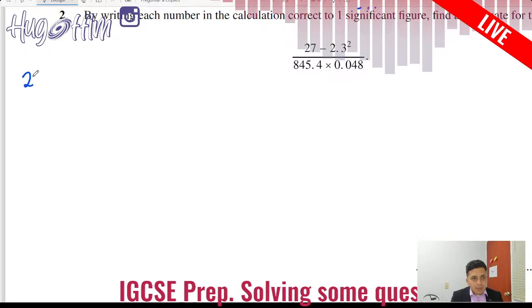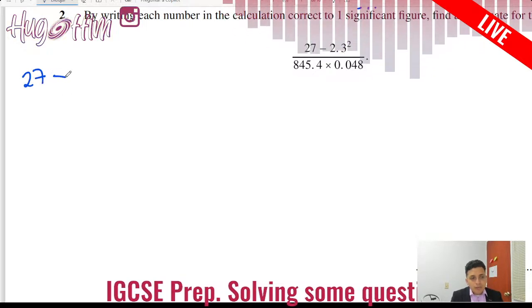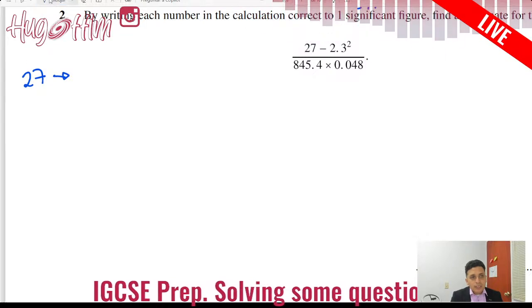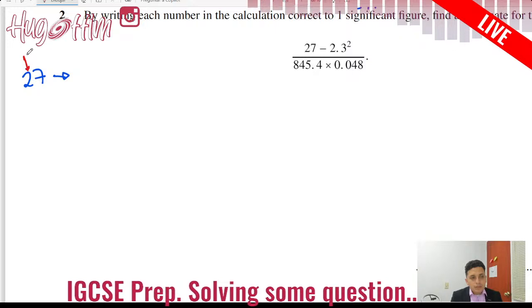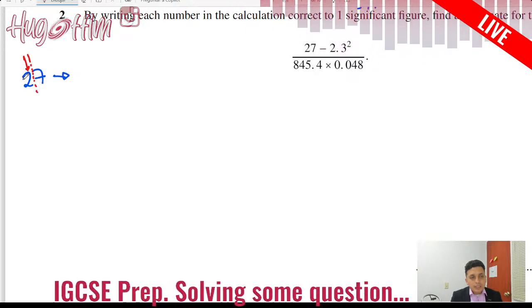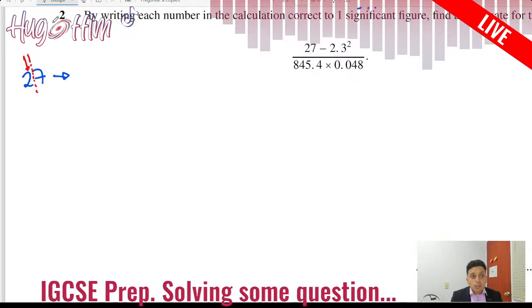So you have, for example, 27 corrected to 1 significant figure. The significant figure is here, so I need to correct it to the tens position.